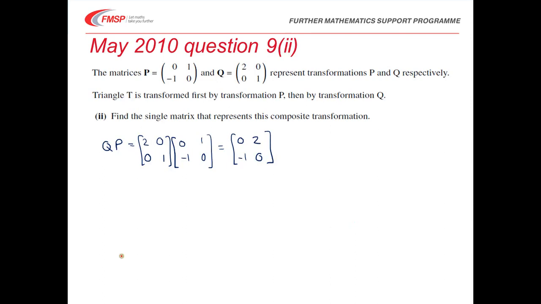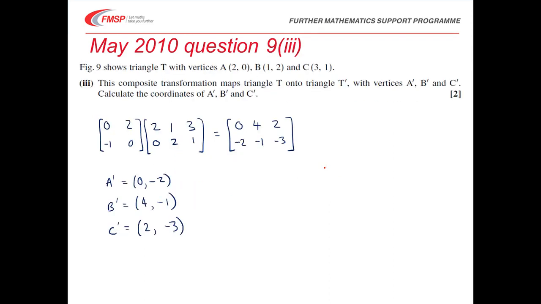For part 2, there's a method mark for the correct order and an accuracy mark, correct answer only, for the matrix QP. For part 3, there is a method mark for pre-multiplying by whatever you got for QP. There is then an accuracy mark, just a single one, but it is follow through. But all three need to be correct.